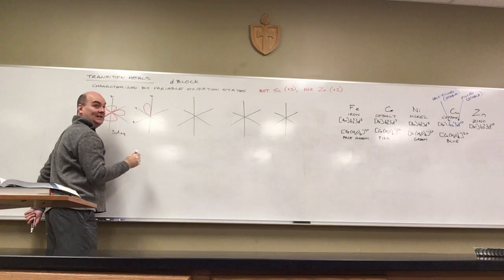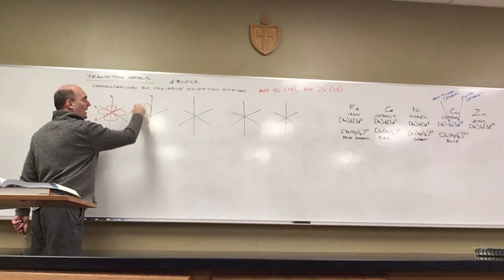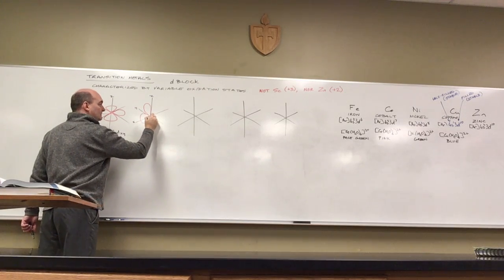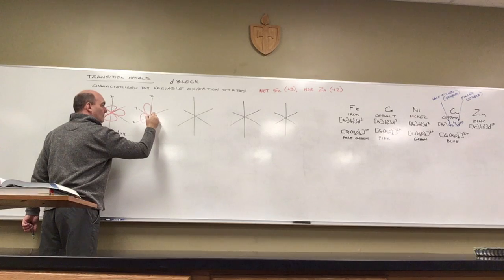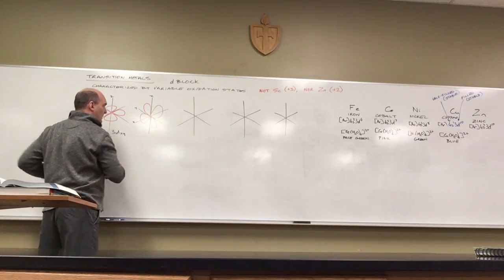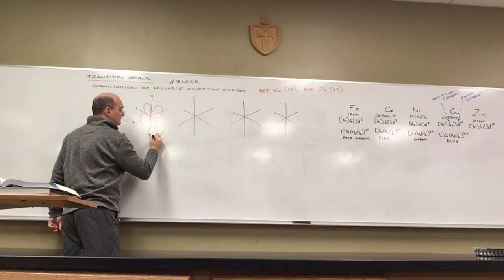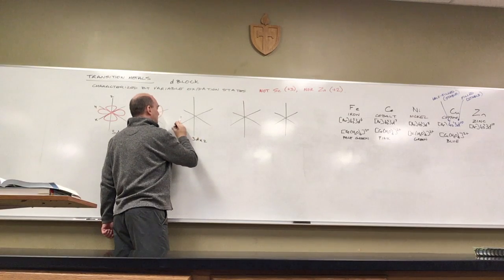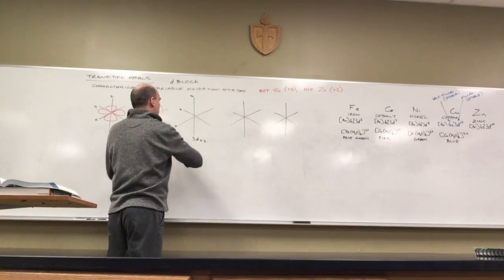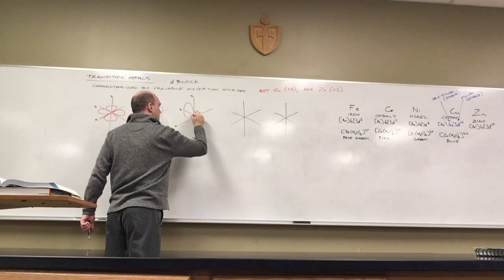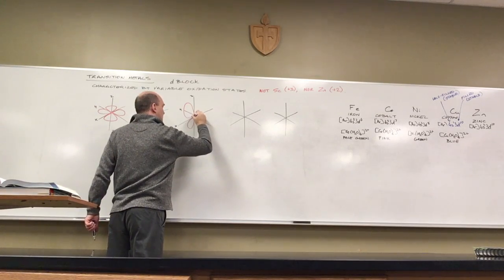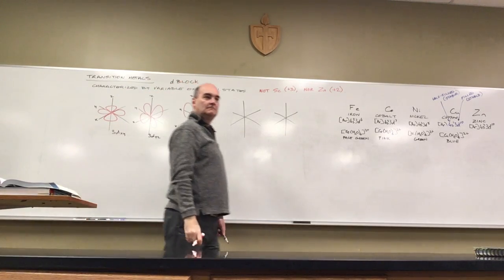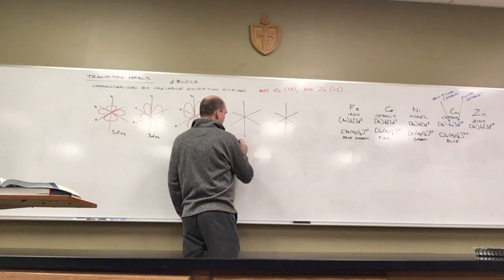3D YZ sits between the Y and the Z. XZ. X squared minus Y squared.